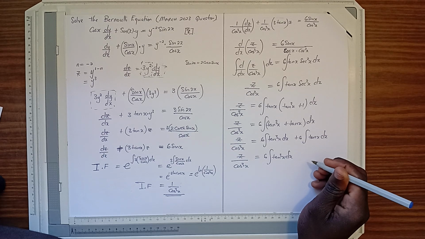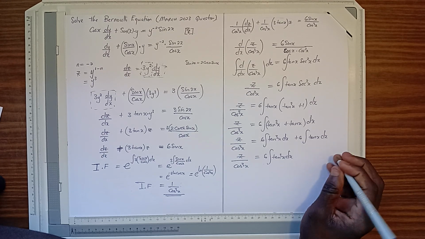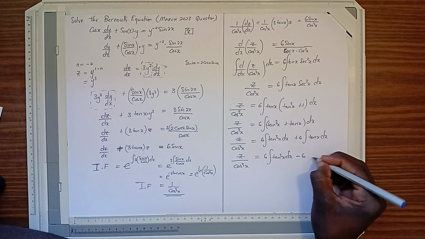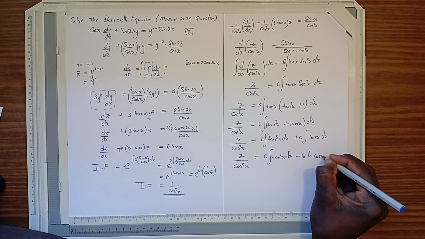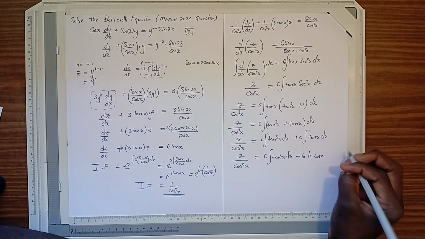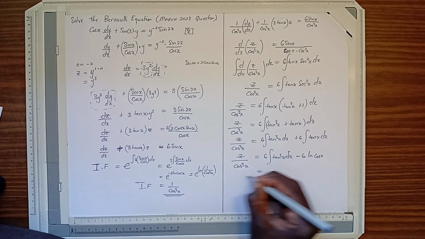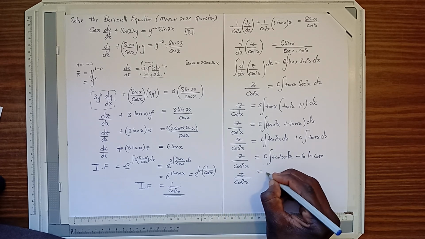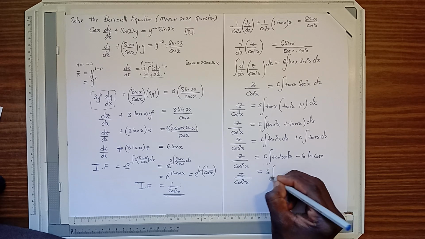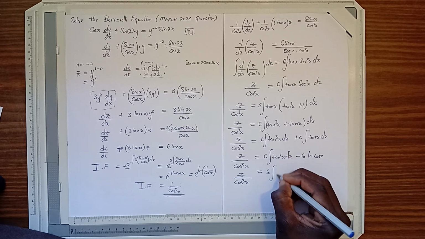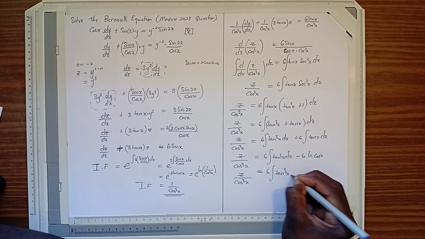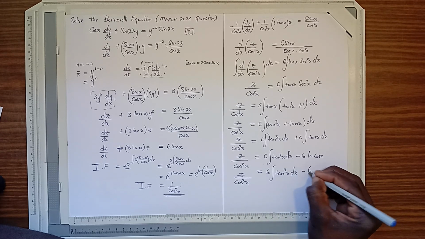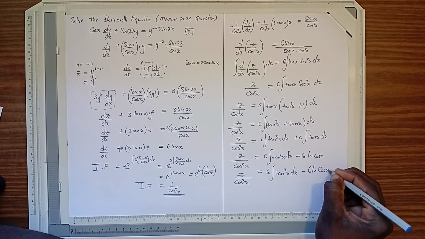If we integrate tan of x, we get negative ln of cos of x. So we get negative 6 ln cos of x. So z over cos cubed of x is now equal to 6 the integral of tan cubed of x dx minus 6 ln of cos of x.